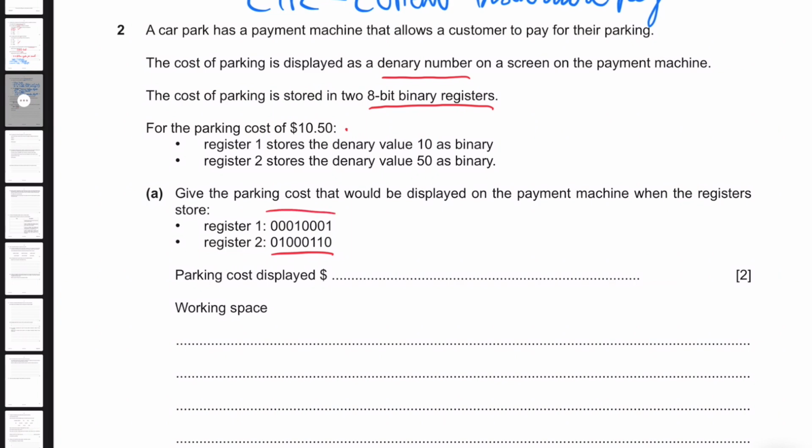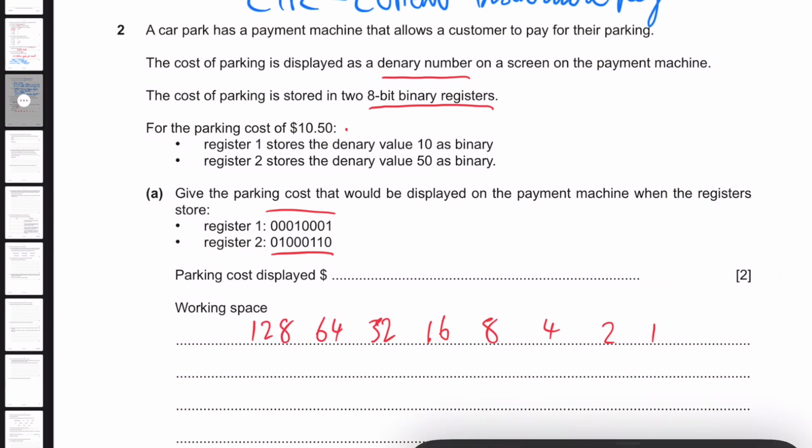Okay, so we've got two registers. Register 2 is obviously 50, register 1 is 10. Let's have a little look and draw this out. 1, 2, 4, 8, 16, 32, 64, 128 would give us our 8-bit register.